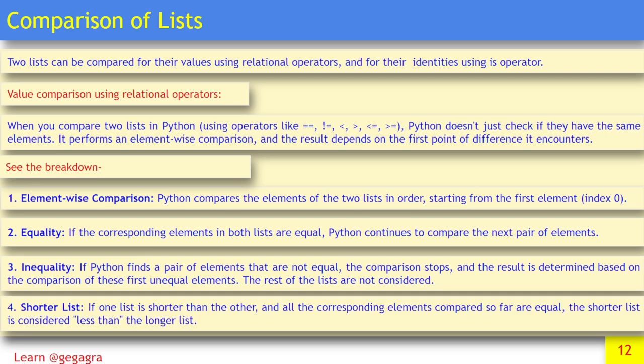And the fourth point is shorter list. If one list is shorter than the other and all the corresponding elements compared so far are equal, then the shorter list is considered less than the longer list.